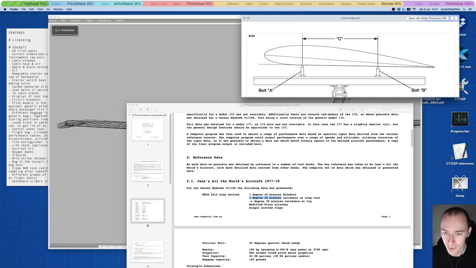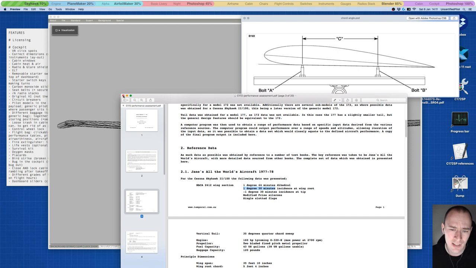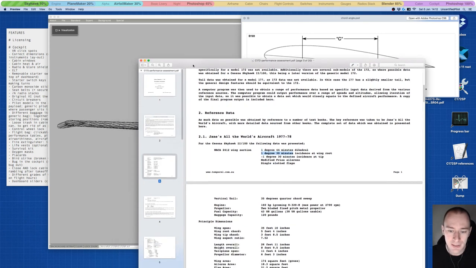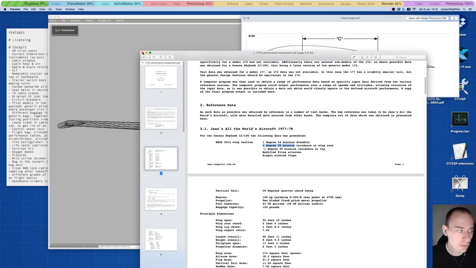But I guess that's not true. I also think that our angle of incidence, the 1.94, is a little bit too... I would expect to see a much more rounded off number, like 1.5, to be used in the Cessna Skyhawk rather than 1.94 or something like that. So again, a question for Rush, I guess.